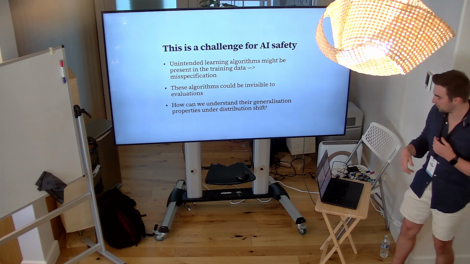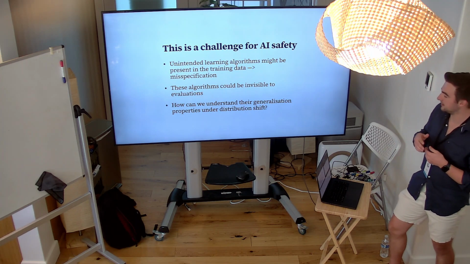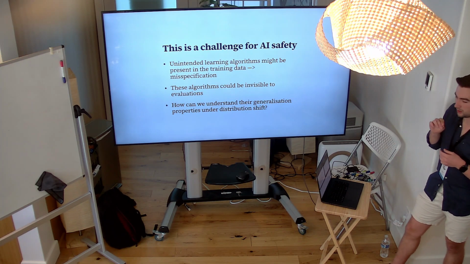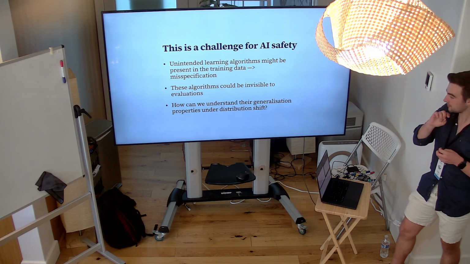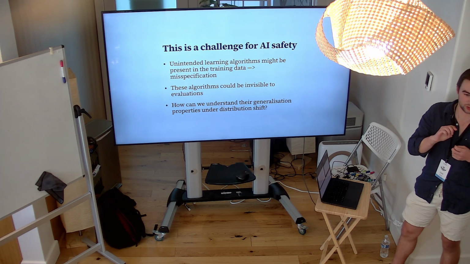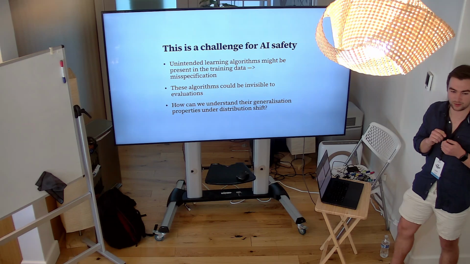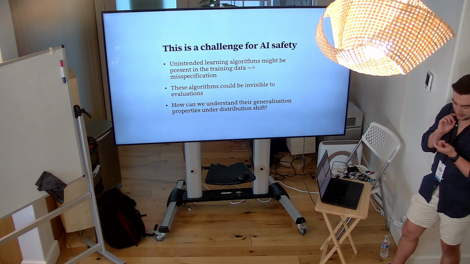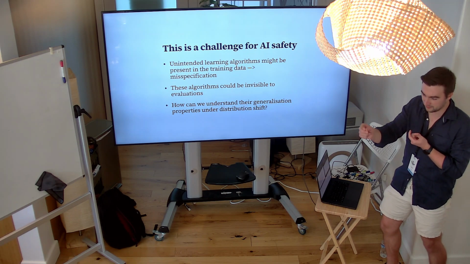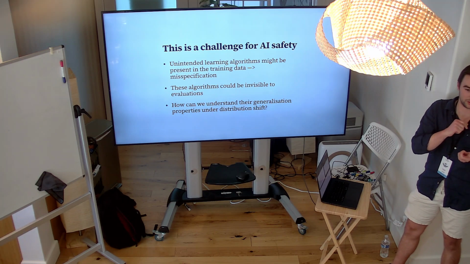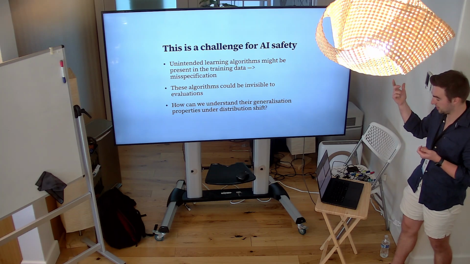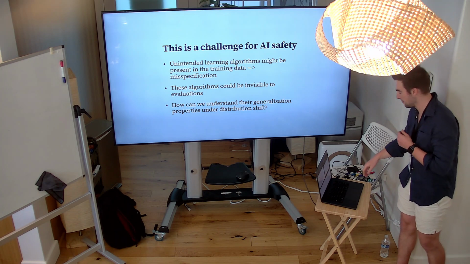And so we want to understand how we can understand the generalization properties of a model under distribution shift. What happens when we change the inputs that we are feeding into the model at deployment time compared to what it was trained on? This work is really motivated by this question.